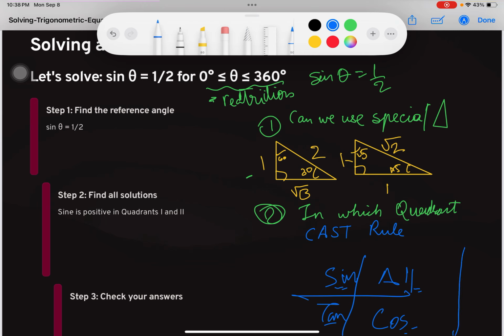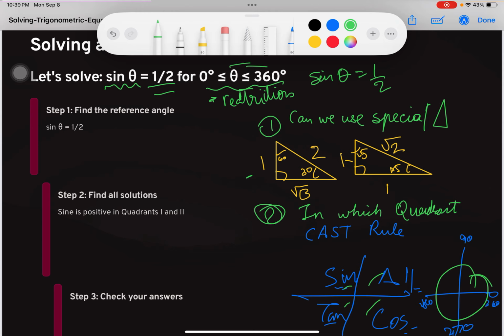When we put it on a unit circle, it's 0 or 360, 90 degrees, 180, 270. The restriction says it lies from 0 to 360, so theta can be here, here, here, here. Not really. Why? Because our question says sine theta equals 1 over 2, which is positive.